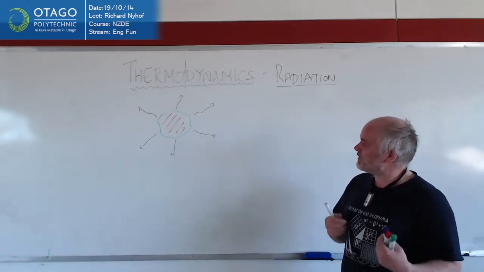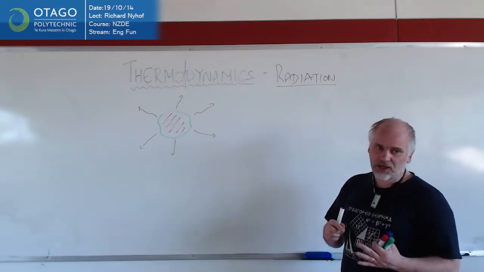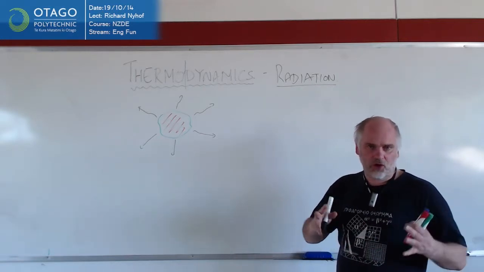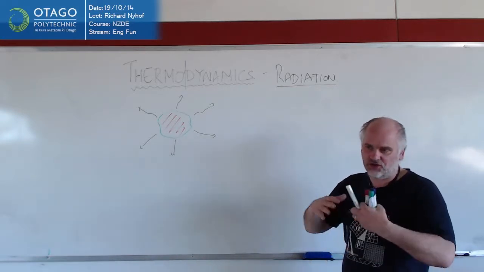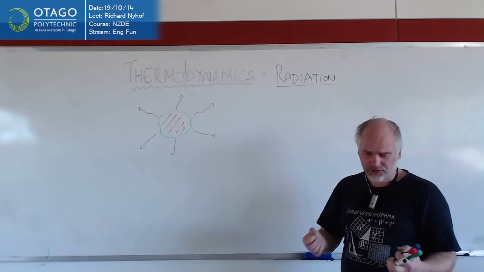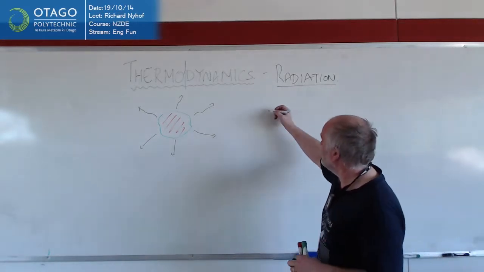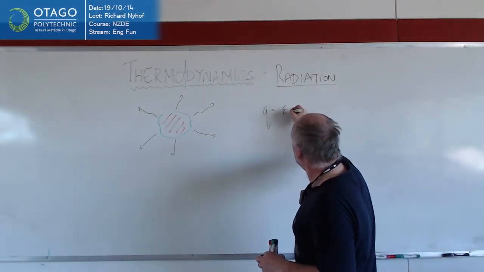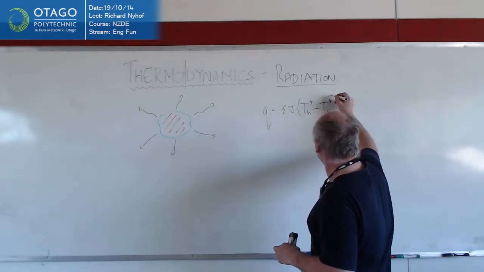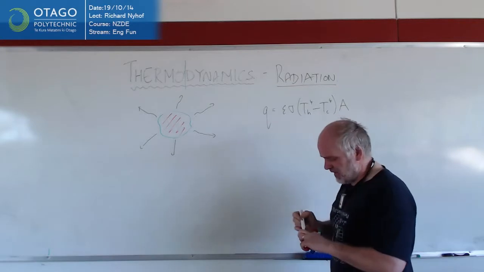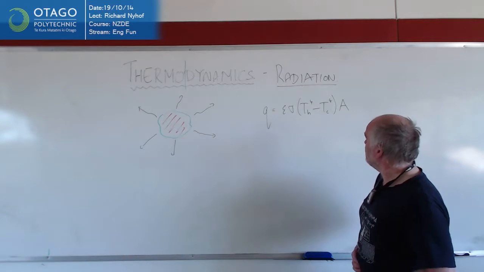And we're going to have a formula again for measuring this, and we're going to look at how heat is transferred from a hot body into a colder surrounds, because very seldom is it actually transferred into something which is at absolute zero, but the formula will enable us to take that into account. So the formula here is Q equals E sigma (TH to the power of 4 minus TC to the power of 4) times A. Okay, so this looks a little bit fancier than some of the previous ones.